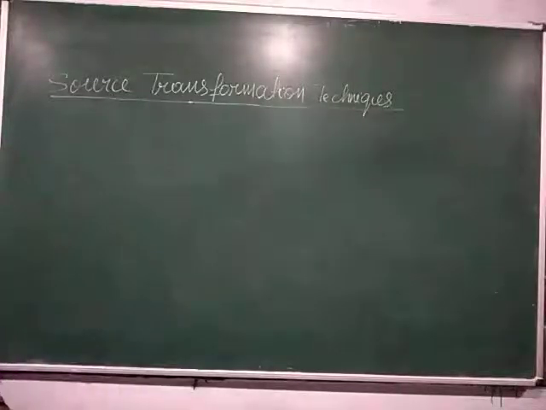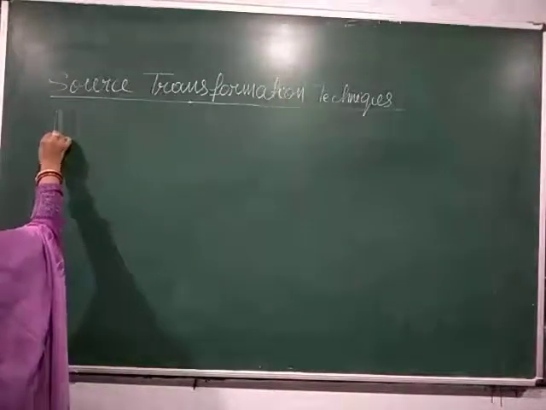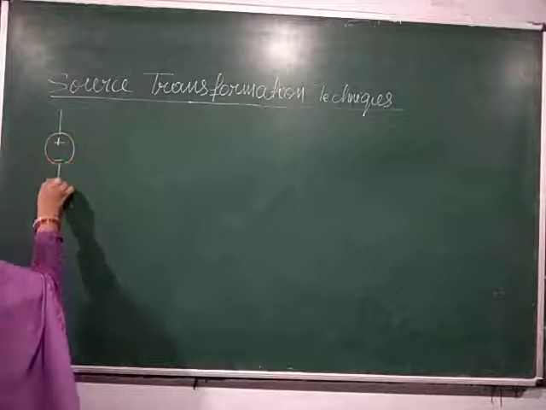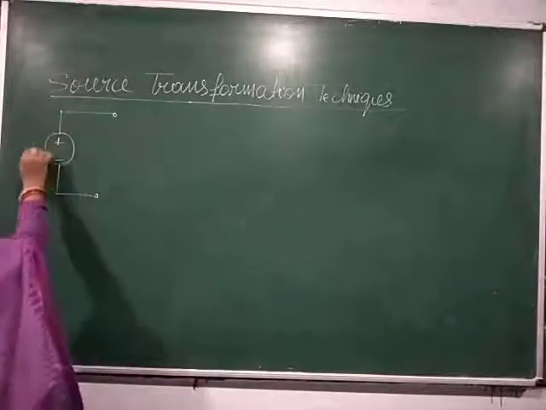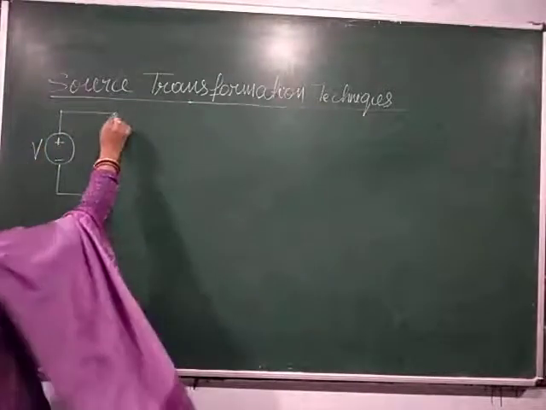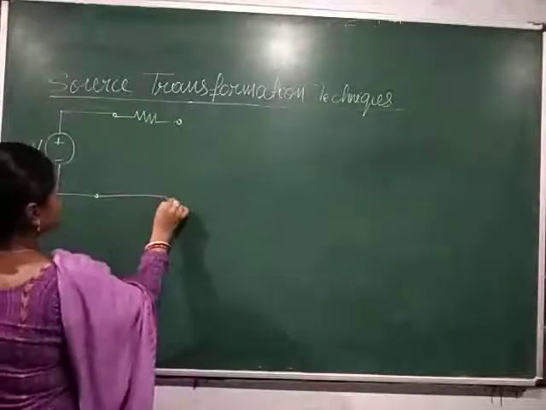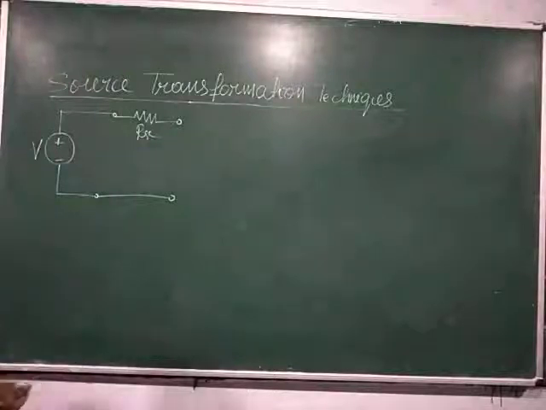Always in the circuit, a voltage source, here I draw an ideal voltage source having the magnitude V. It is connected in series with its internal resistance. Let the internal resistance here be R_SC.